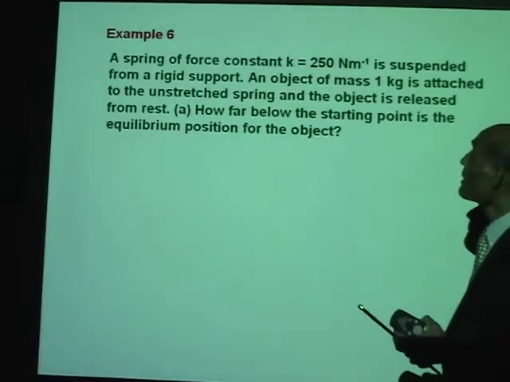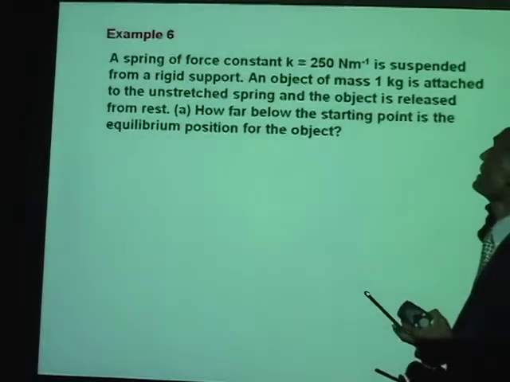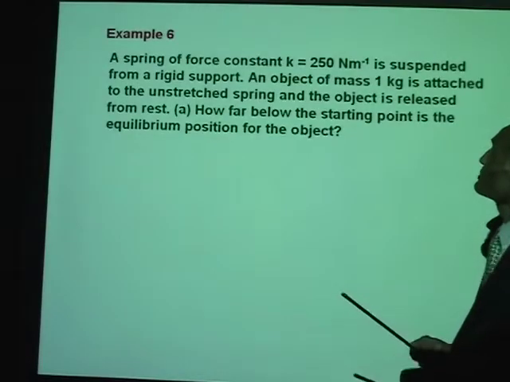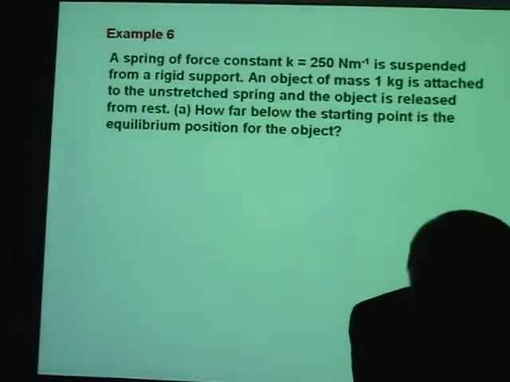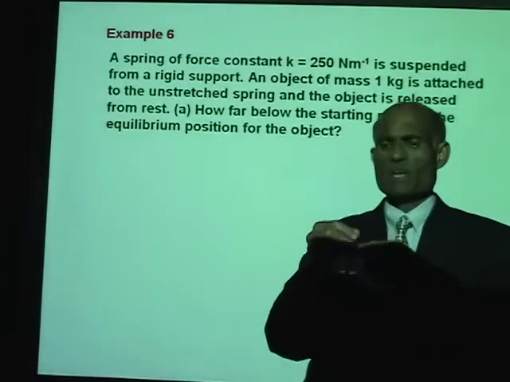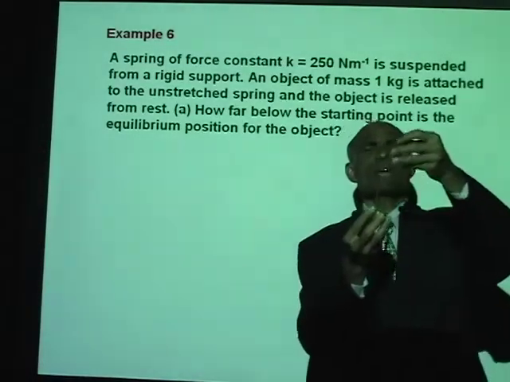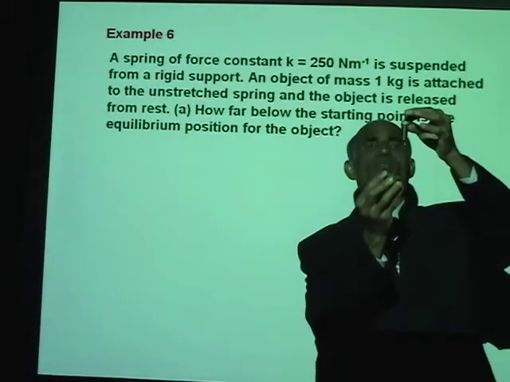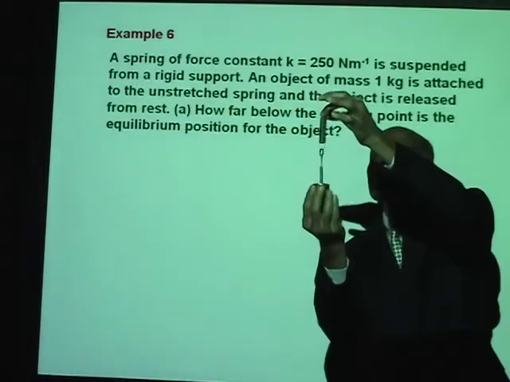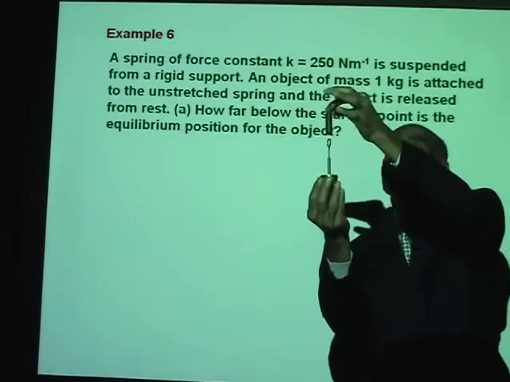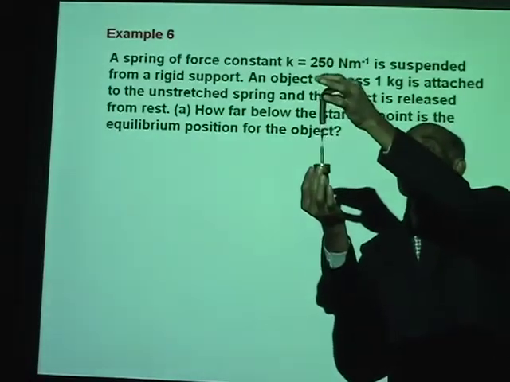How far below the starting point is the equilibrium position for the object? Again, you need to understand this problem. You see, this is the unstretched spring. Don't think that when you suspend the mass and leave it, the mass is going to stop at the equilibrium. Is it going to stop at the equilibrium?